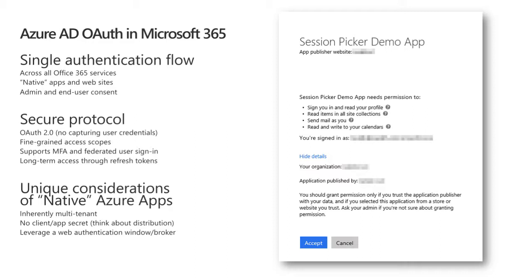However, the recommendation is to use the v2 endpoint. The v2 endpoint is going to allow us a little bit more flexibility in terms of defining permissions for dynamic consent and a couple other options as well. So the recommendation is to use the v2 endpoint and make your life easier by using the Microsoft Authentication Library.